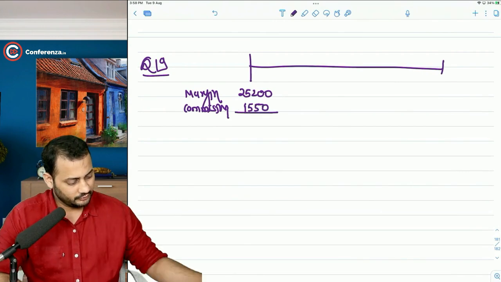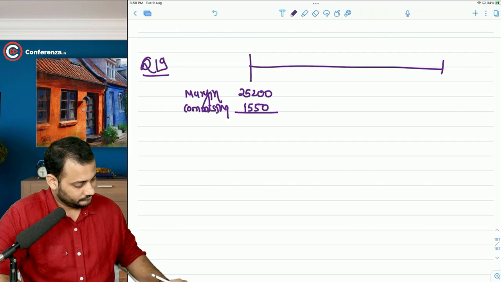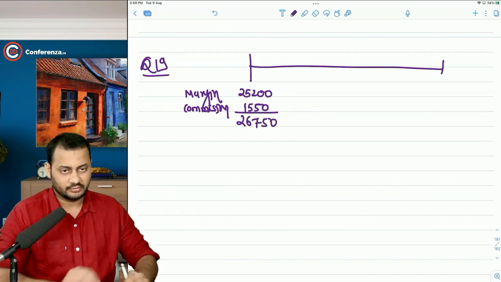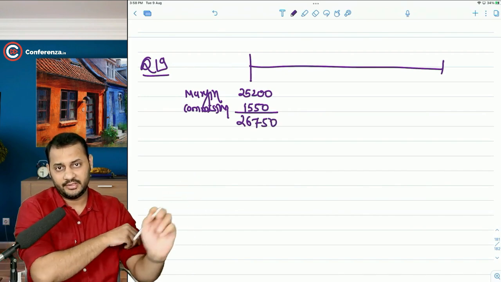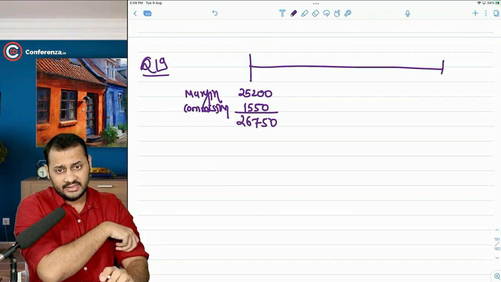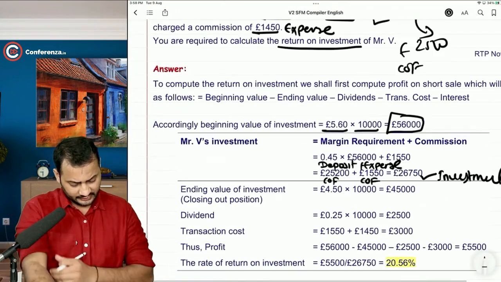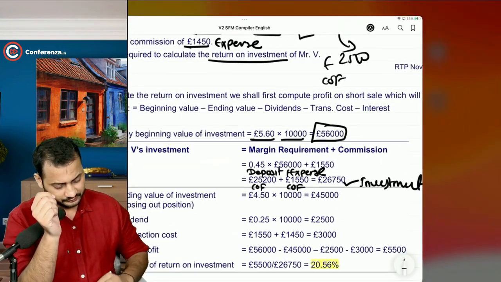So the total outflow was this much, 26,750. Now what happened at the end? I will tell you. At the end, three things happened.